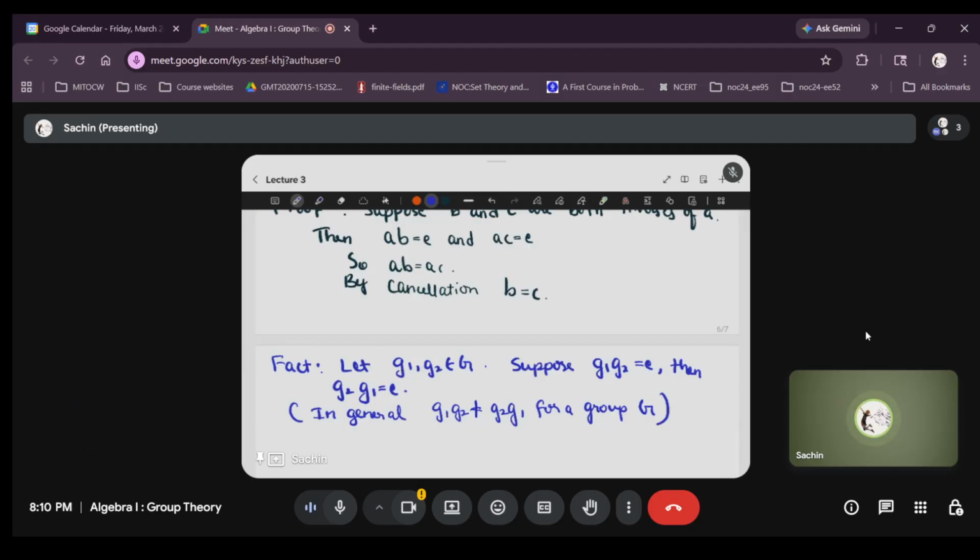If the group is not abelian, then it doesn't have to be true. But if G1 G2 is equal to E, then definitely G2 G1 is E.